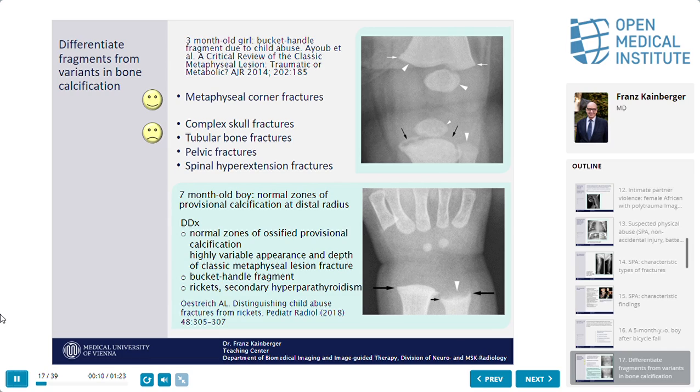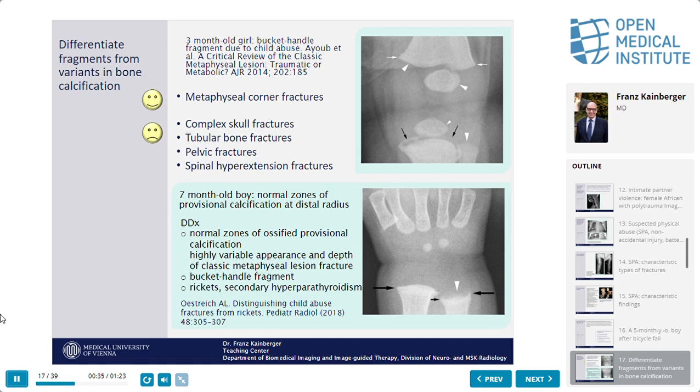It is not 100% specific for non-accidental injury and child abuse. Metaphyseal corner fractures or mimickers of it may also be observed in normal calcification, buccal fragment, rickets, and secondary hyperparathyroidism.